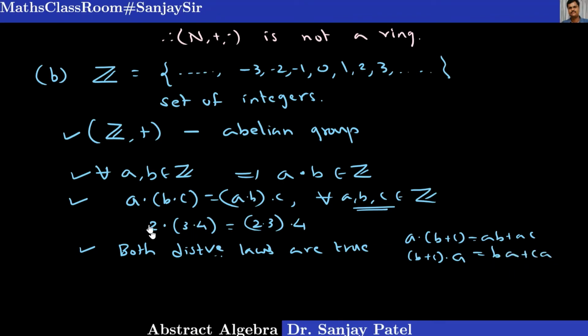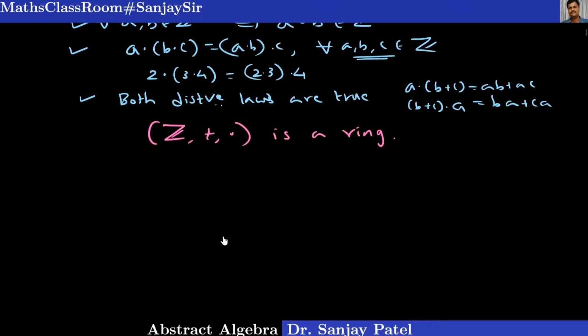This is also true for every a, b, c belonging to Z. So this Z plus dot is a ring. Remember that Z plus dot is a ring, and we know that Z has infinitely many elements. So it is an infinite ring.